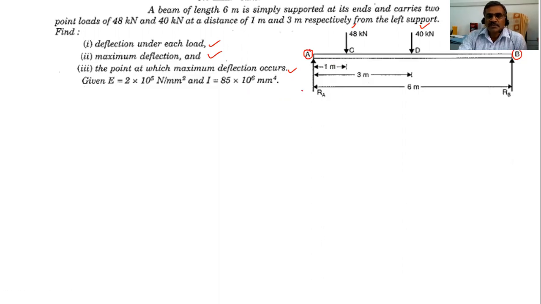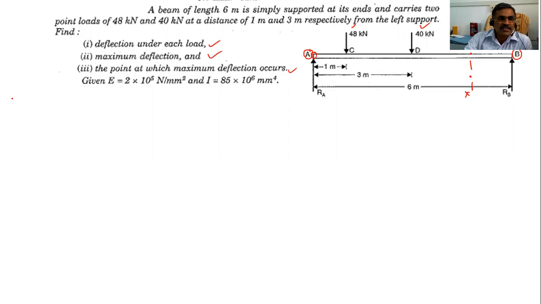Now, in this method, I am taking this as the origin, hence I am taking the axis here, so that except the support, all the loads will be covered in the equation. Now, as usual, in the differential equation for the deflection, you substitute the value of moment.